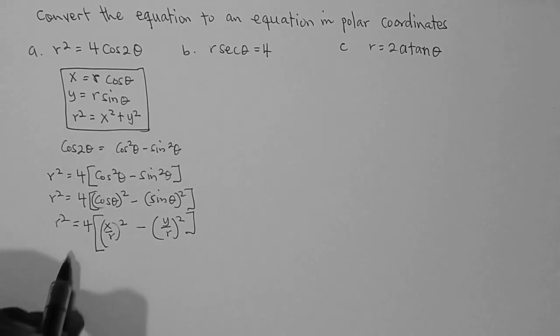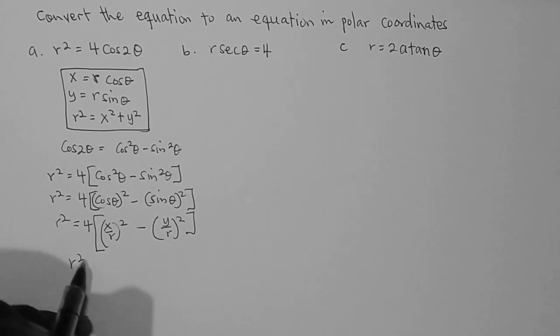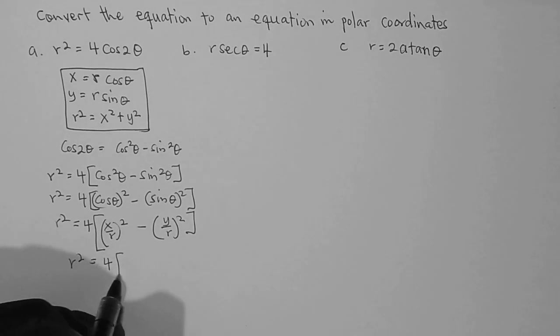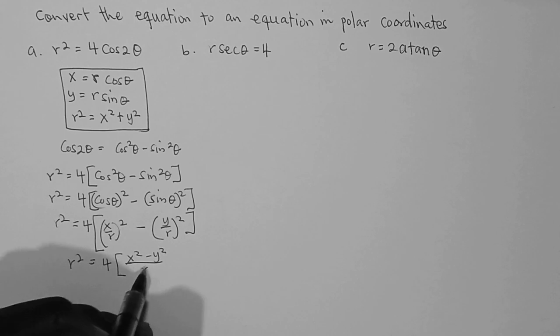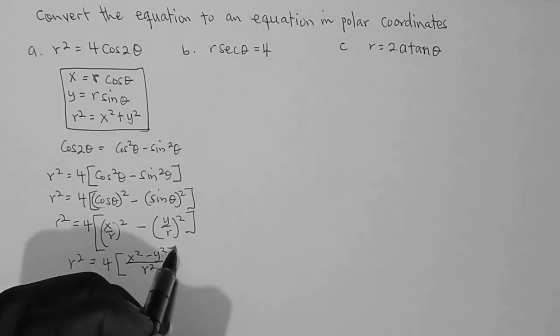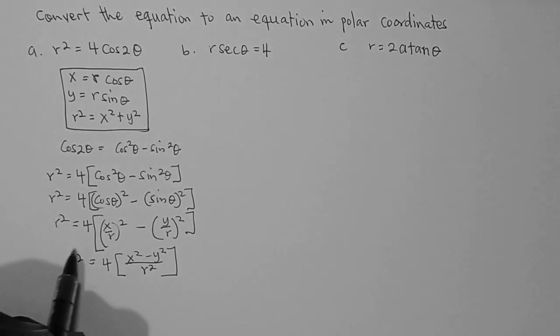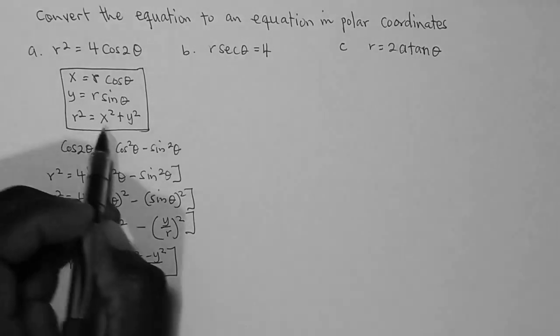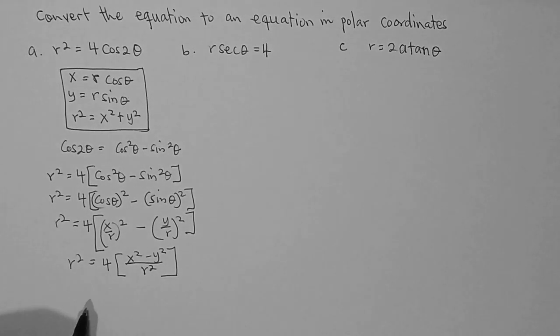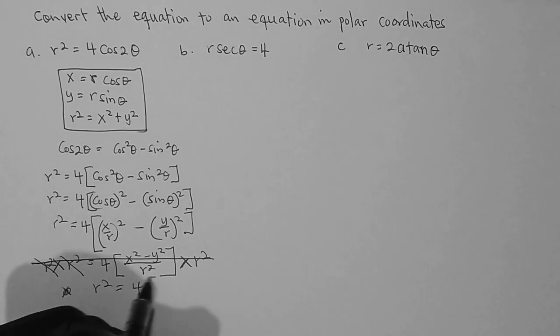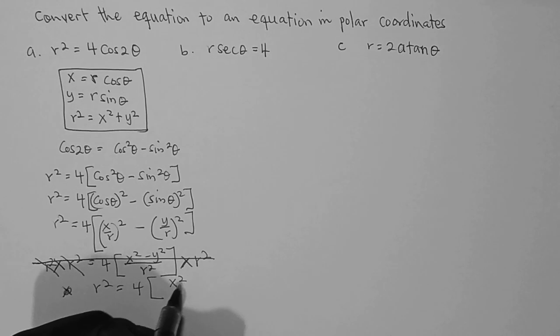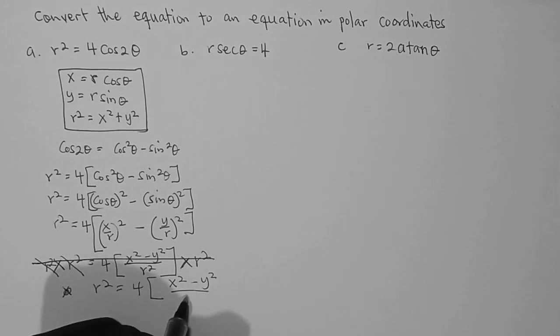So at the end of the day, the equation becomes r squared is equal to 4 times (x squared minus y squared) all over r squared. But we know that r squared is equal to x squared plus y squared.